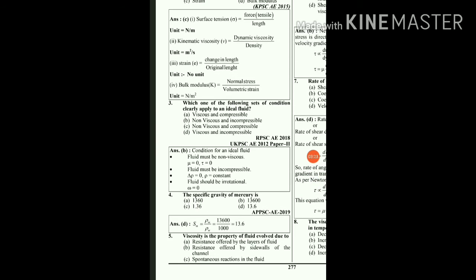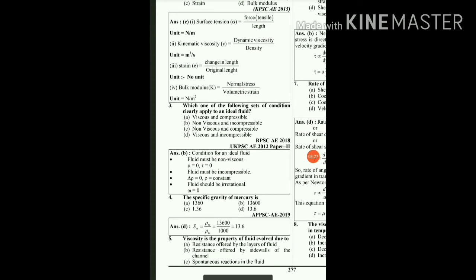Non-viscous means it has no viscosity, that is, it will not offer any resistance to the flow. And incompressible means its density will remain constant throughout the flow. So option B will be the right answer. But an ideal fluid, as the name suggests, is not actual, it is a hypothetical fluid. So option B is the right answer.